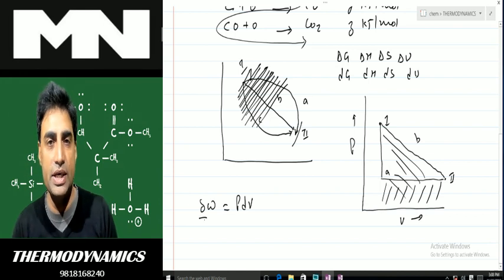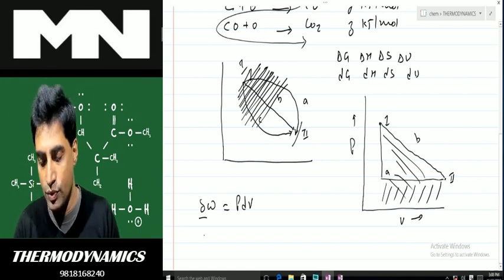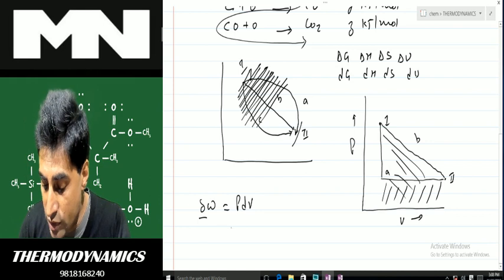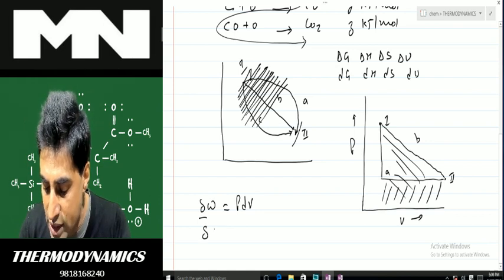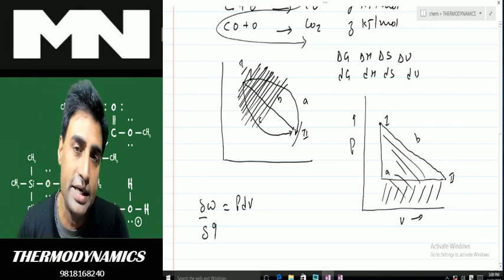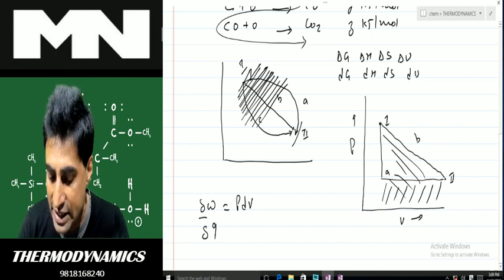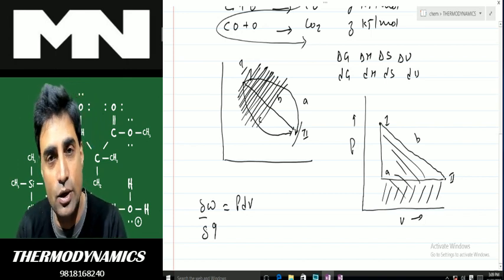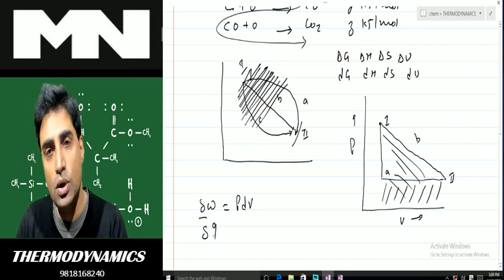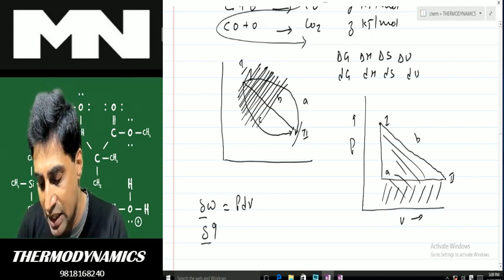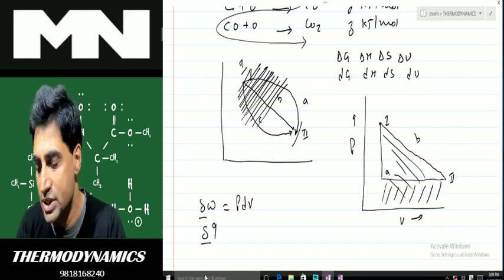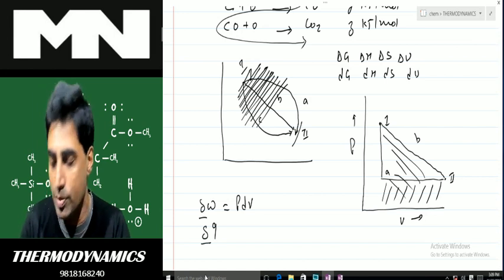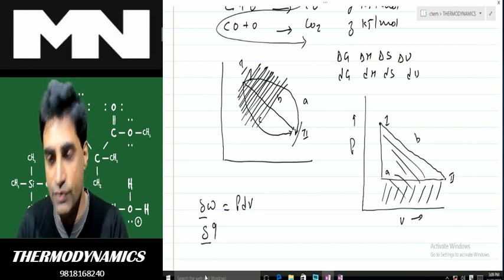Likewise, a small amount of heat given out by the system is also represented by del Q. So heat is also a path function and it cannot be differentiated, so it is also expressed in terms of del. So del basically represents that the given thermodynamic property is a path function.